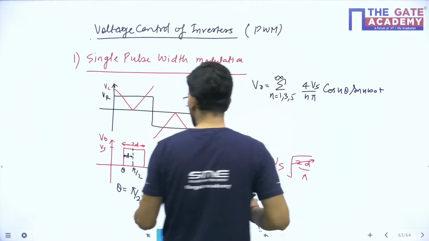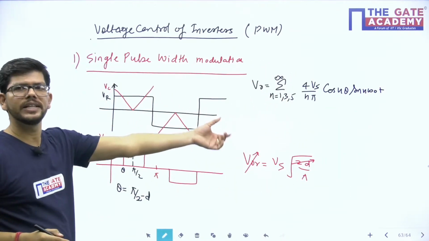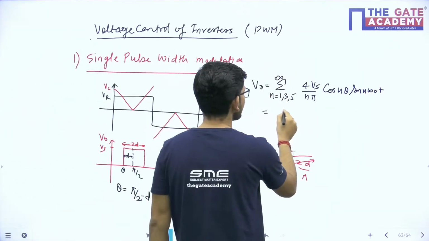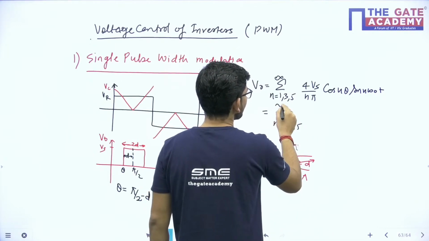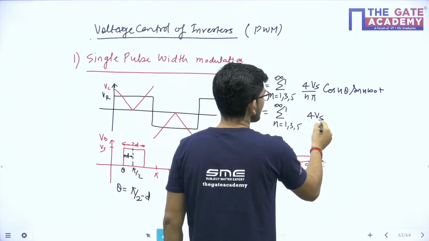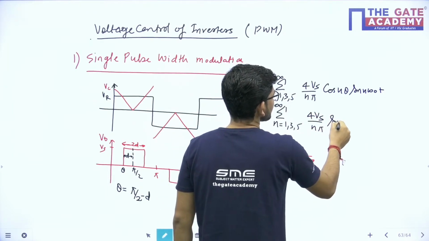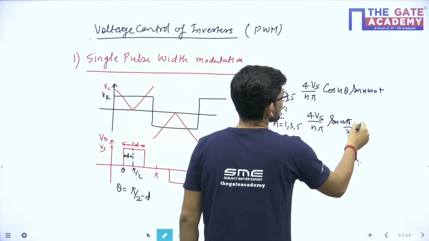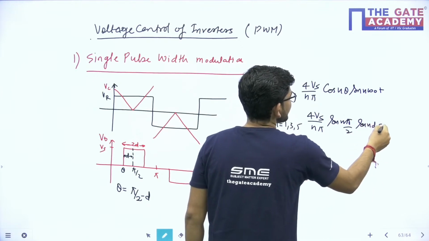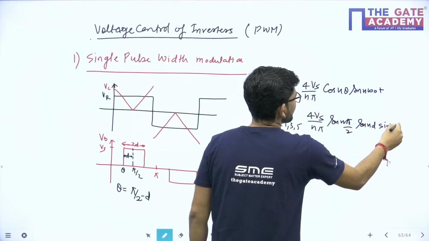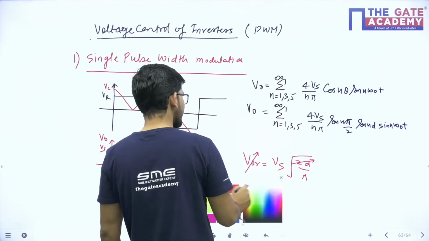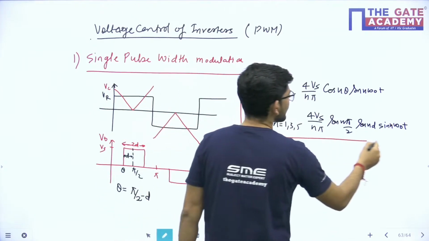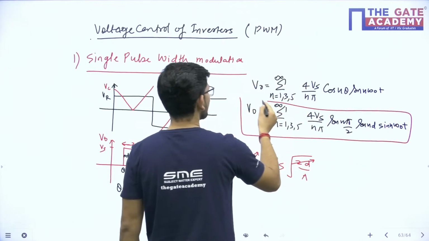So if I put theta equals pi by 2 minus D here and solve it, I will get sigma n equals 1, 3, 5 to infinity of 4 Vs upon n pi sin n pi by 2 sin nD sin n omega naught t. So this will be my Fourier series expression in case of single pulse width modulation.